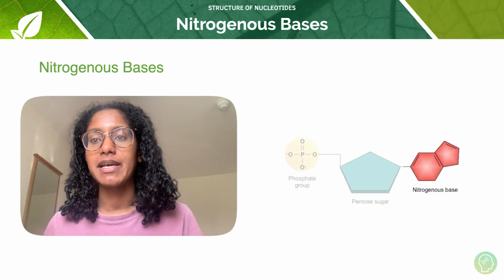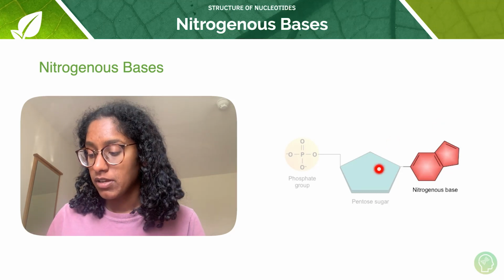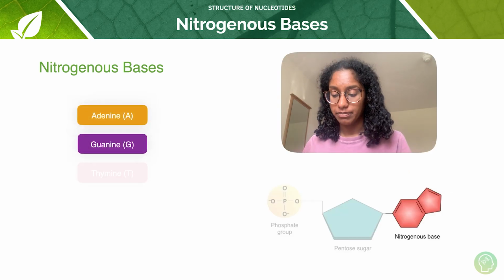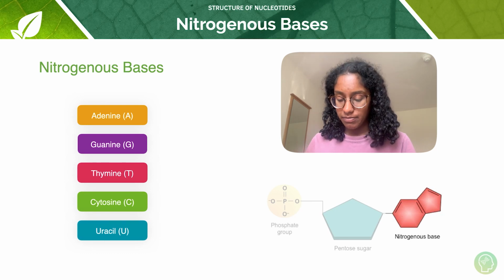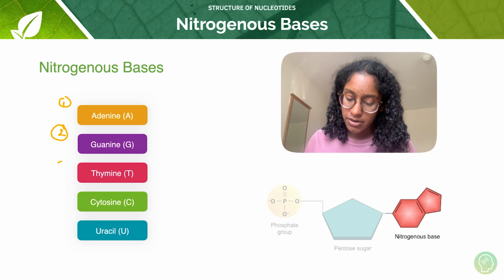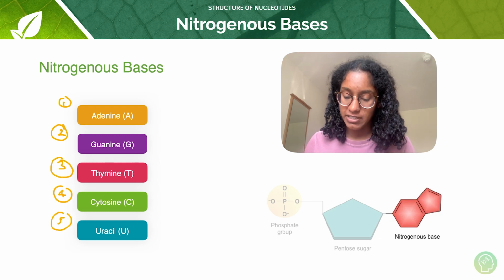Now, nitrogenous bases are organic, nitrogen-containing compounds. This is our nitrogenous base on the end here, bound to our pentose sugar. And there are 5 different bases. Number 1, adenine, number 2, guanine, number 3, thymine, number 4, cytosine, and number 5, uracil.